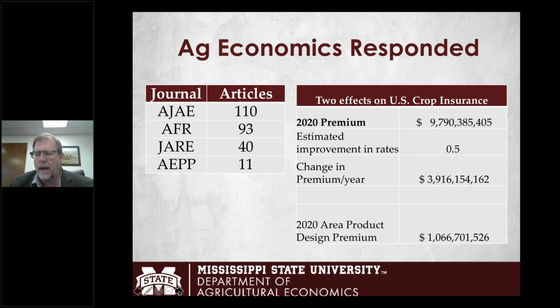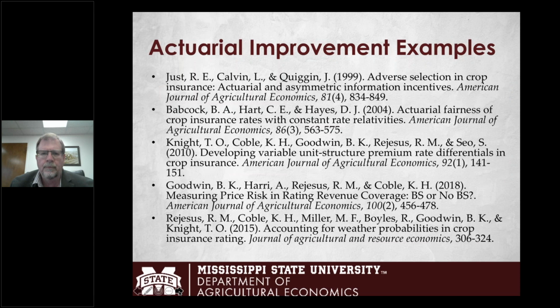And I think I can trace a very direct lineage to ideas that people in this profession had that led to those kind of program changes. So if you go to the next slide, please, I'll talk a little bit about some of that.